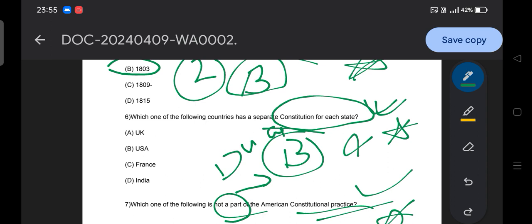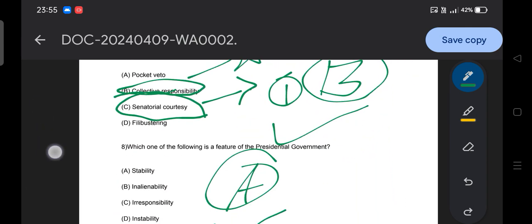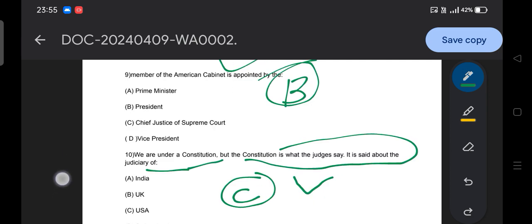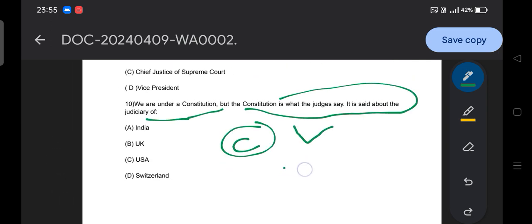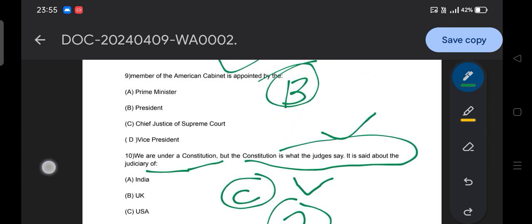So this is how they are making a question by taking a rationale from the previous questions. They try to combine or compile the previous questions in a comprehensive way. And here we also notice the third point: the constitution is what a judge says.